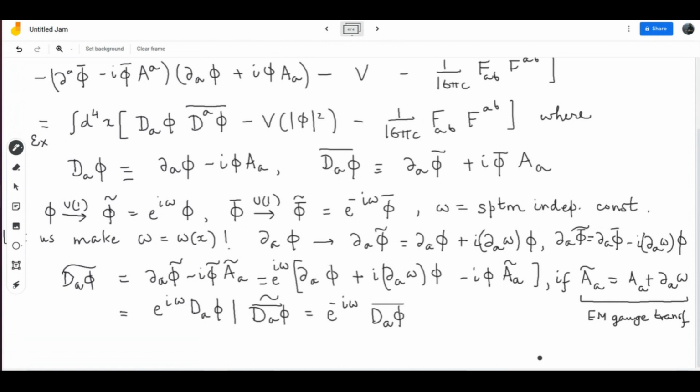So what we have found is that our Noether coupling led to electromagnetic gauge invariance.